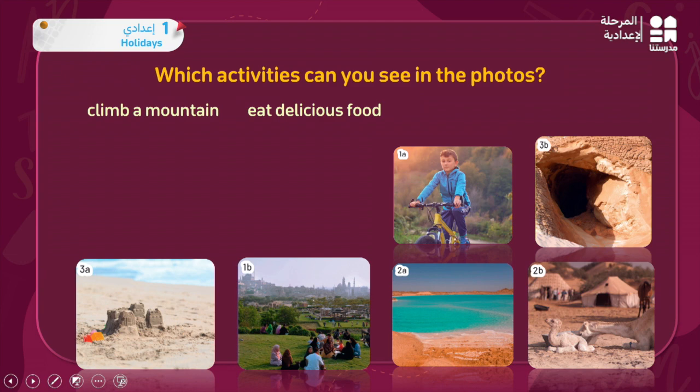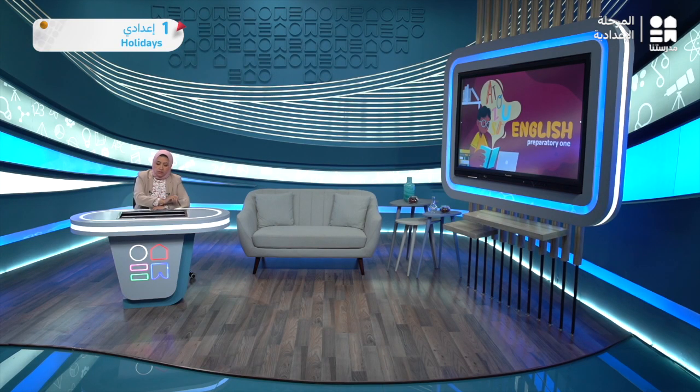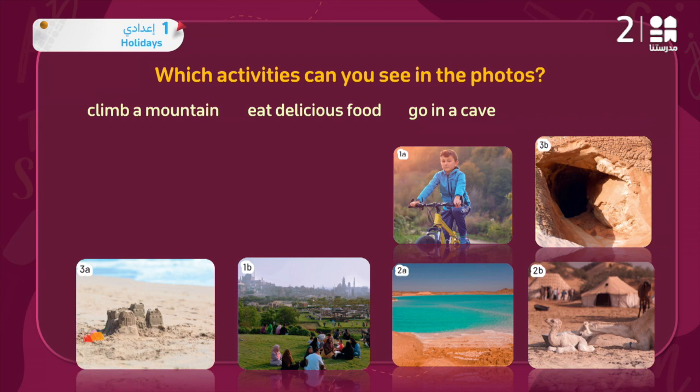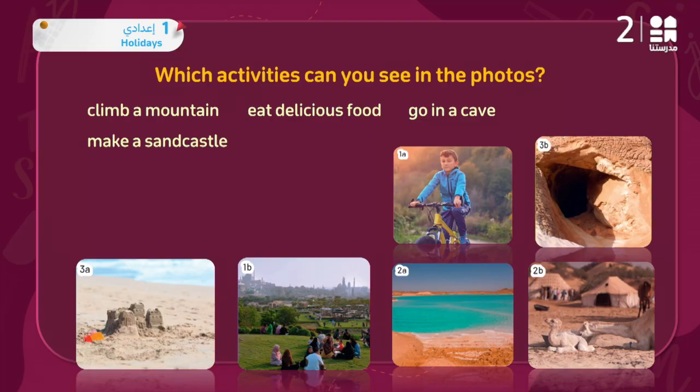Eat delicious food. What does eat delicious food mean? To have yummy and delicious food. Go in a cave, as we said, means to go inside the cave. Make a sand castle: to build a castle made of sand on the beach as a kind of playing.